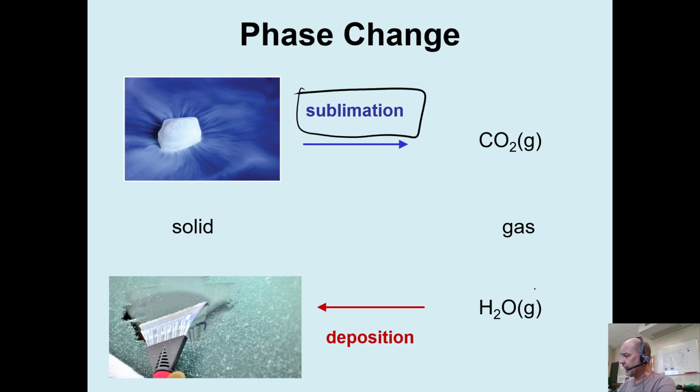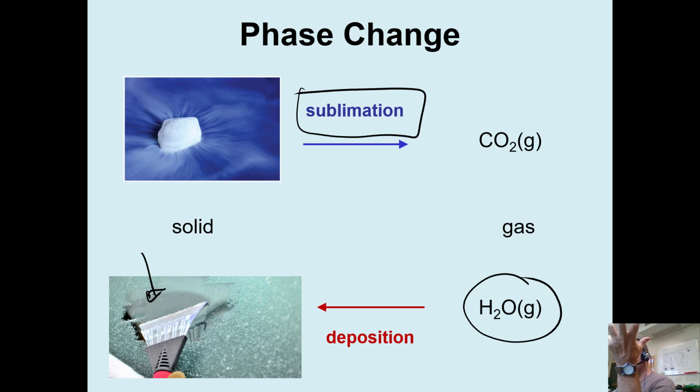So if you have water gas, for example, it can go straight from water gas into the solid. And you see this sometimes in the freezer. You see some ice that is depositing from the atmosphere, or better yet, on a cold morning, if your windshield has ice on it and you have to scrape it, that's from a process called deposition.